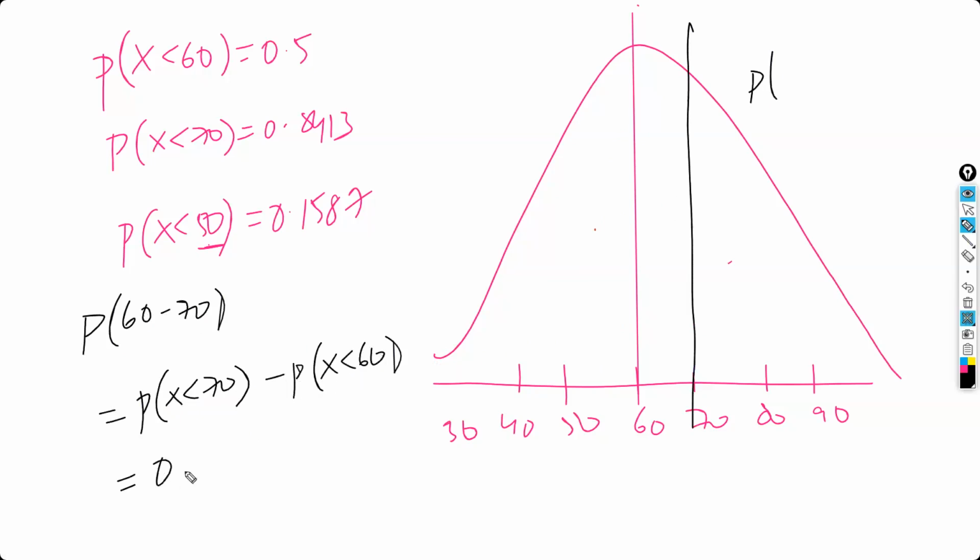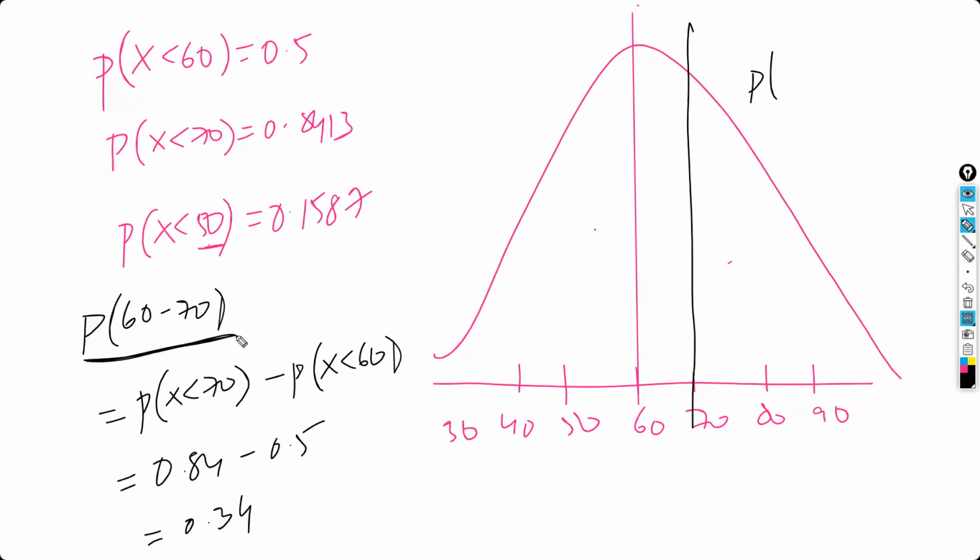That is nothing but 0.84 minus 0.5, which is 0.34. Is the point clear for everyone? So if anyone asks the question of 60 to 70, or starting to ending, you have to take the big number, big area minus small area.